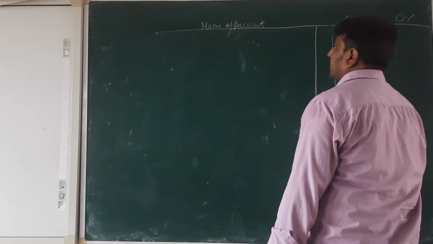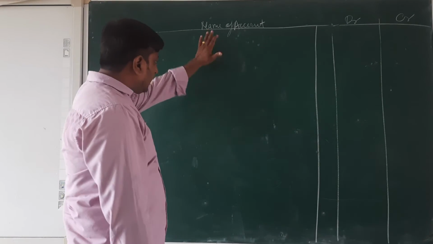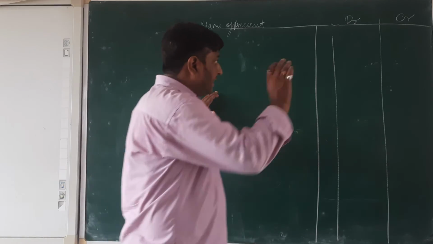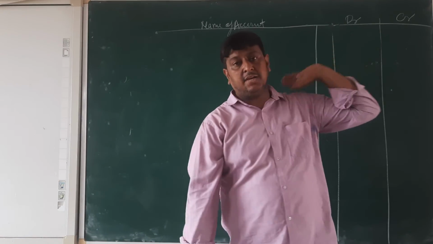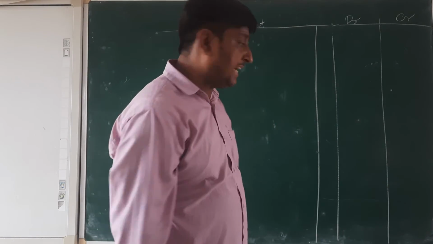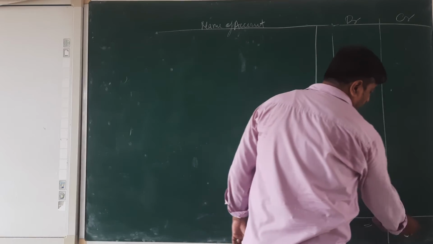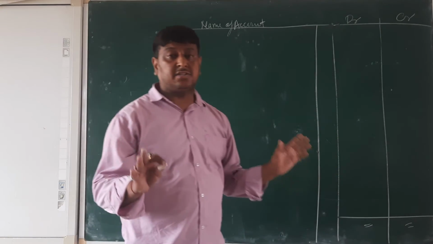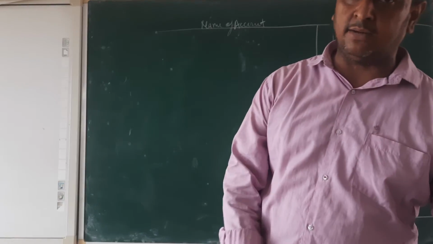We put the name of the account in this column, and then if the amount is on the debit side, we put it on the debit side. If the amount is on the credit side, we put it on the credit side, and then we take the total of both sides, and if both sides come equal, then your trial balance is okay. Otherwise, some problem is there. For that, we are going to find the problems.